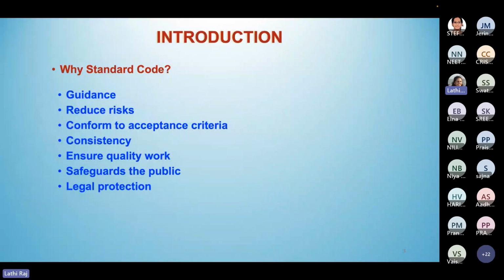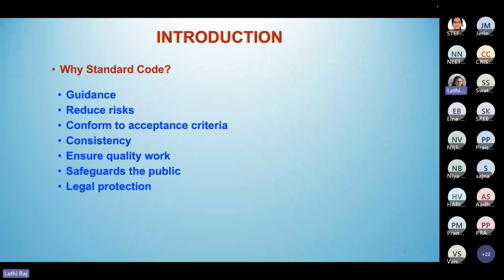So when it is conforming to certain rules and regulations or certain clauses given in the code, then we can accept that. Then consistency, which is very important. So I am designing a column and you are designing a column. The columns should be for the same load and same exposure condition, and for the same type of building.